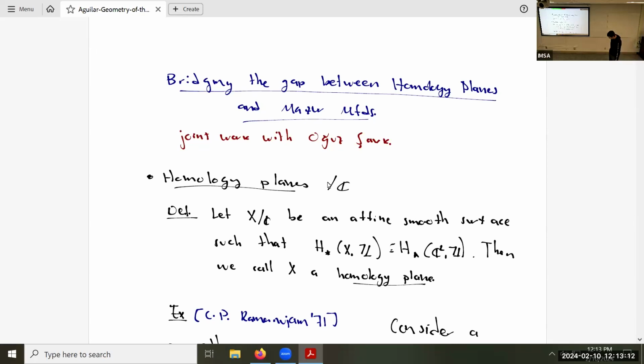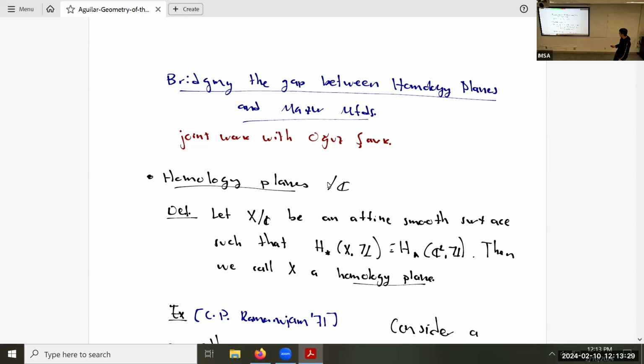So I'm going to tell you about some connection between algebraic surfaces and low-dimensional topology, and the basic construction of some manifolds that appear on both sides.